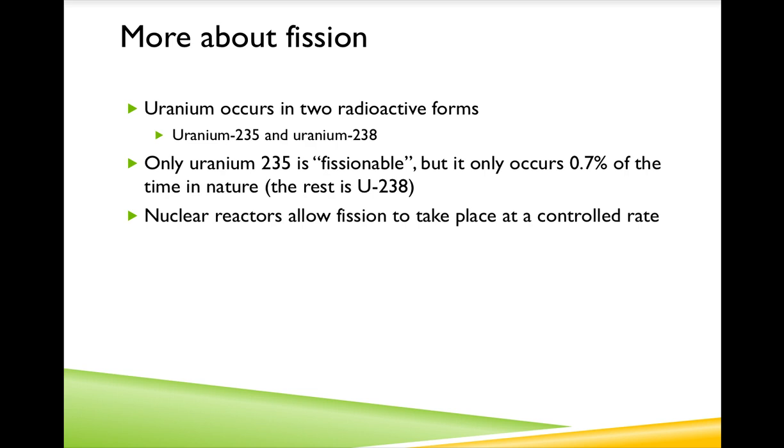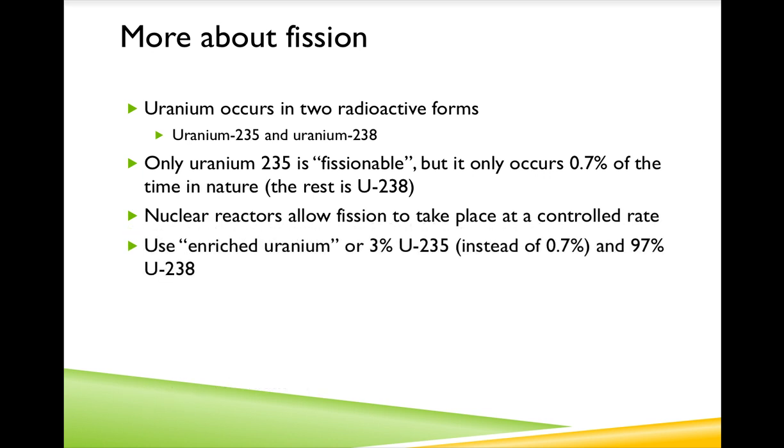Now, what a nuclear reactor does is it allows this fission process to take place at a controlled rate. So that means that we determine how fast and how hot the temperature inside the reactor becomes. And this enriched uranium is about 3% uranium-235 and 97% uranium-238. Now, it's pretty easy to build a nuclear reactor.